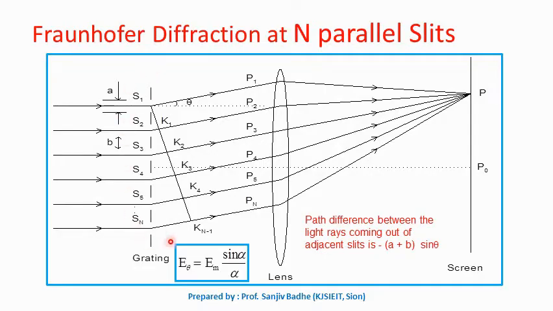Here we will simplify the problem by assuming that all the light waves diffracted from a single slit of width A can be replaced by only one light wave having amplitude E theta equal to Em sin alpha upon alpha, where alpha is pi by lambda A sin theta. We have proved this, so we can use it here.